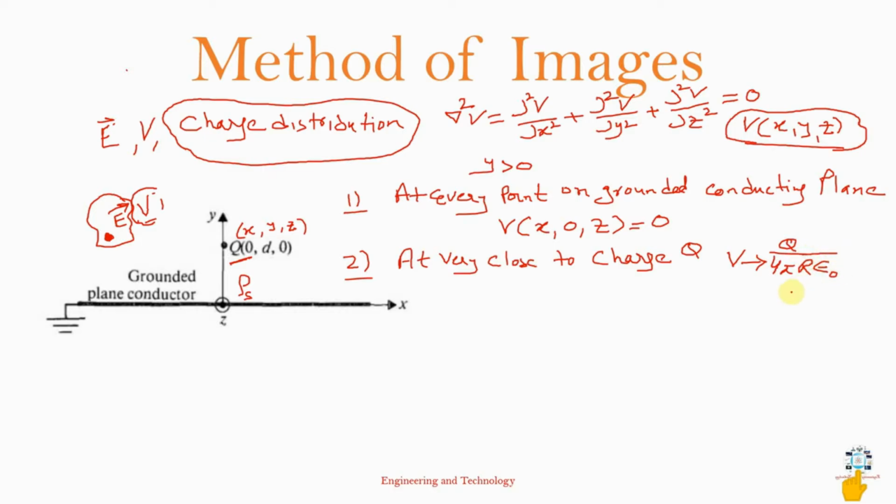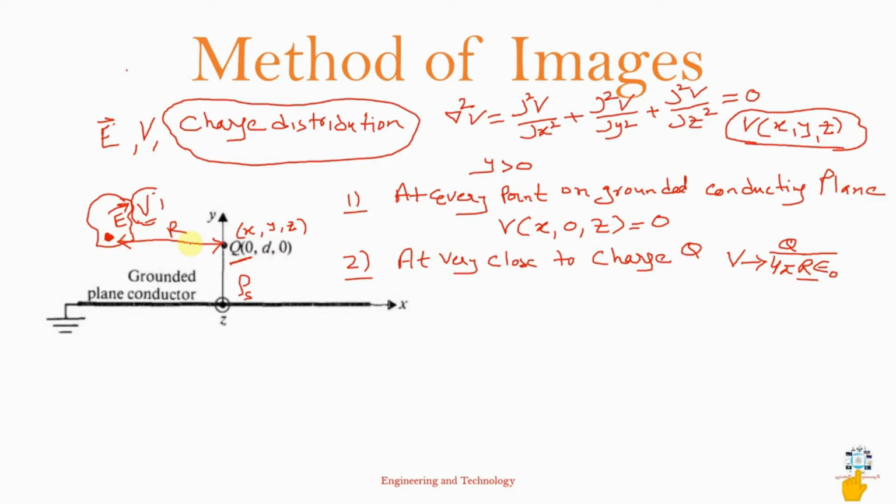Epsilon naught is here because we are dealing with free space, and r is the distance from the charge to where we want to find the electric potential.